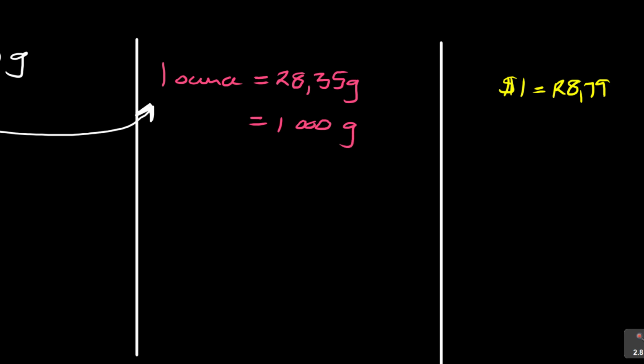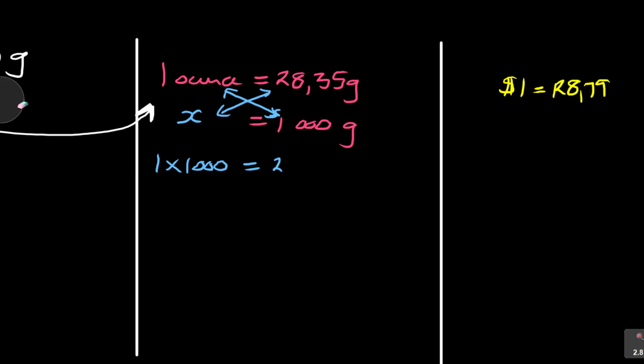You say what? You don't know. That's where you put in your x here. You see, then you do cross multiplying. This multiplies that. This multiplies that. So what are you saying? 1 times 1,000. That's what you're saying. 1 times 1,000 is equal to 28.35 times x.